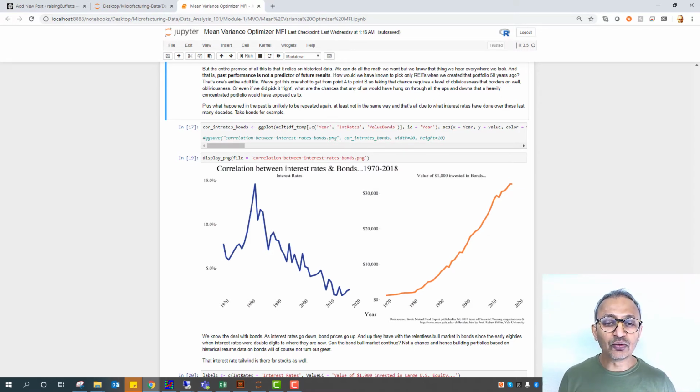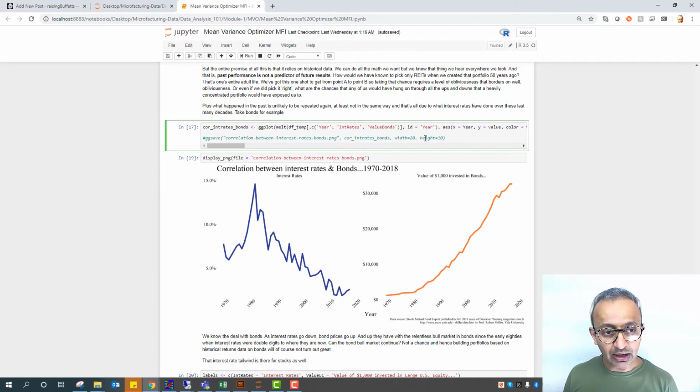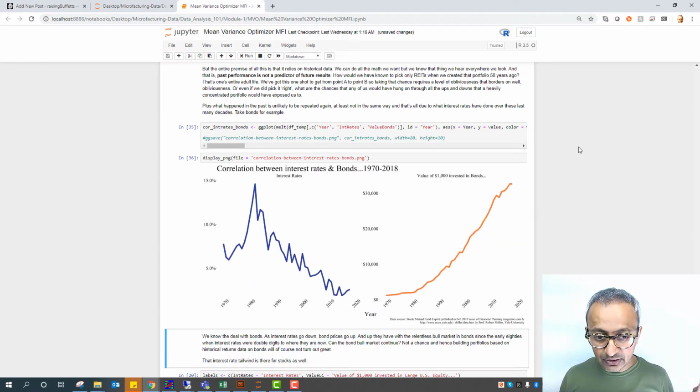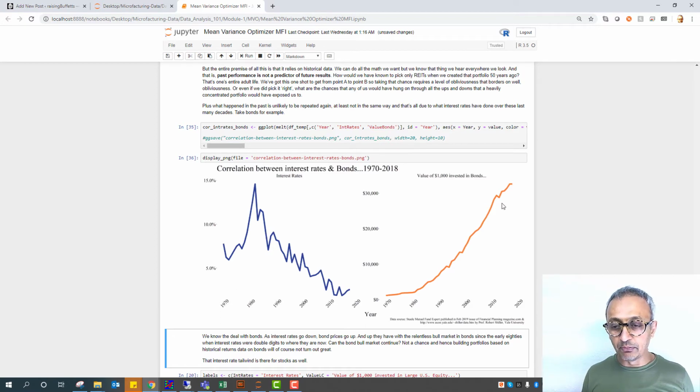So let me give you just one example as to why what has happened in the past is unlikely to be repeated again. Let's take the interest rates, okay, and the value of bonds. When interest rates go down, the bond prices go up, and we know why, right?